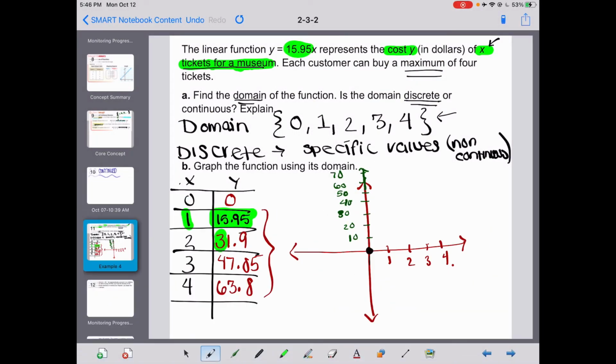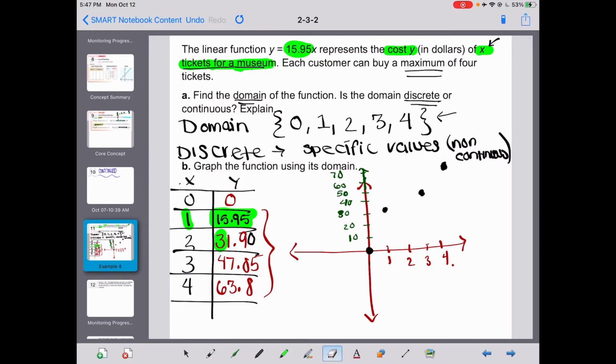0 tickets costs $0. 1 ticket costs $31.90. 3 tickets costs $47.85. So we're about up here. 4 tickets cost $63. So somewhere up there. Notice one of my points are kind of off, and that's just the way I estimated things to be.